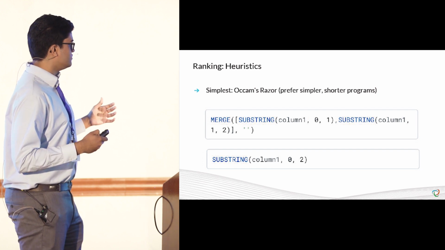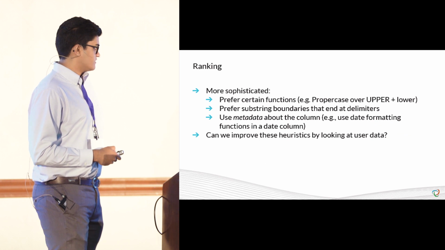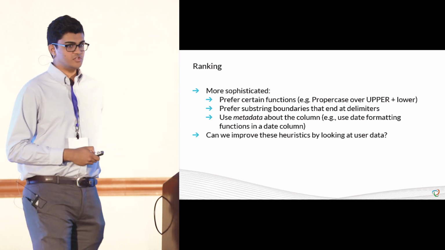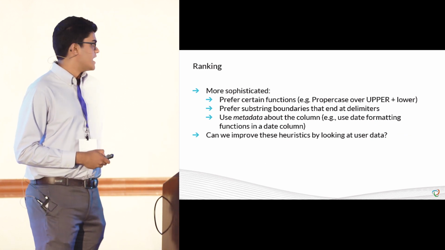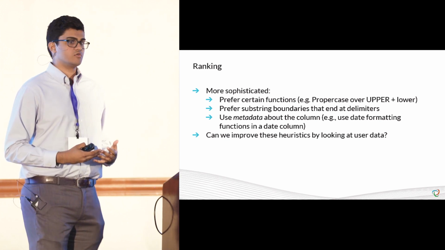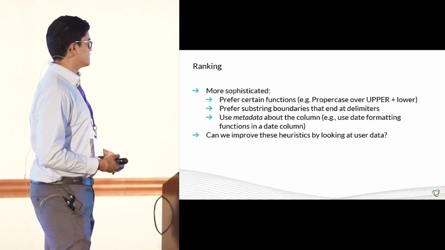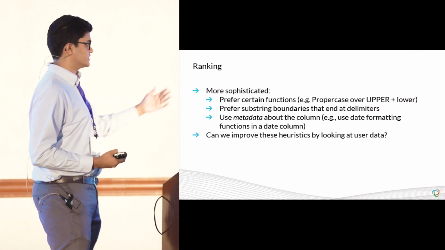But you can go more in depth with this, right? There are a lot of other heuristics you can use when ranking. Basically, the ranking algorithm would choose a program that satisfies the most of these heuristics. So you can prefer a certain function catalog.